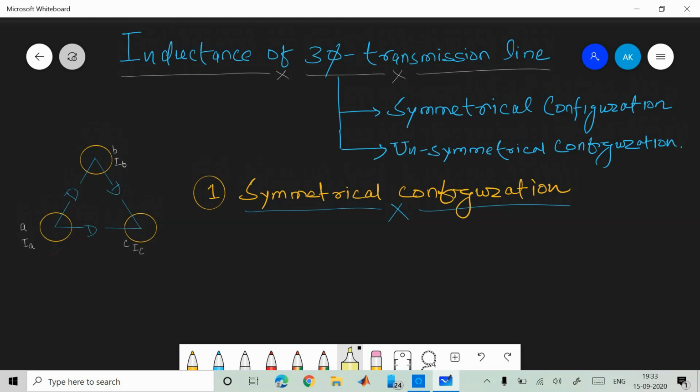Here you can see the distance between conductor A and B is D, distance between A and C is D, distance between conductor B and C is also D. So all the distances are equal, therefore it is called symmetrical configuration. In unsymmetrical configuration, these distances will not be equal, they will be different.